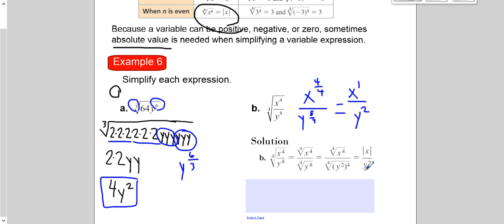So they didn't put absolute values on the y because they're squaring it, which would turn it positive anyway. So to fix our answer, we would want to put absolute value of x over y squared. And this is your final answer. All right, so when we do an even root, we have to worry about absolute values sometimes. When we have an odd root, it doesn't matter because y could be positive or negative.